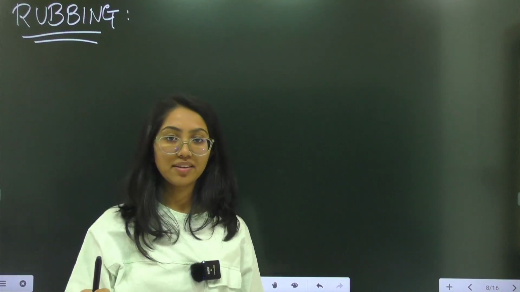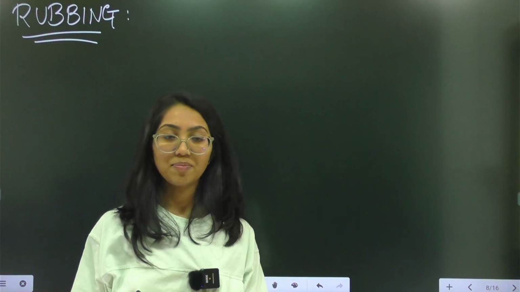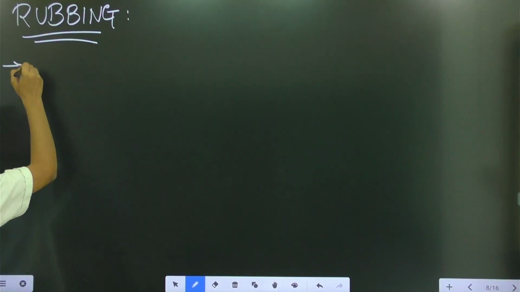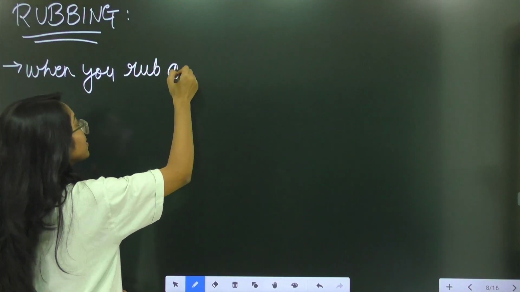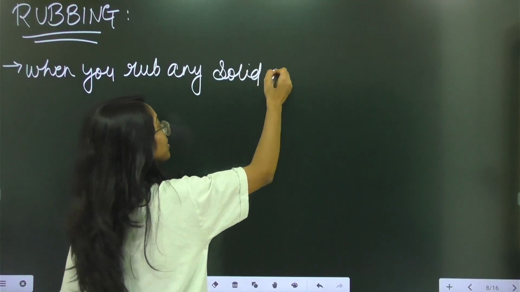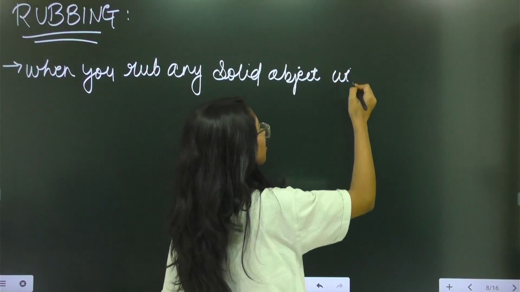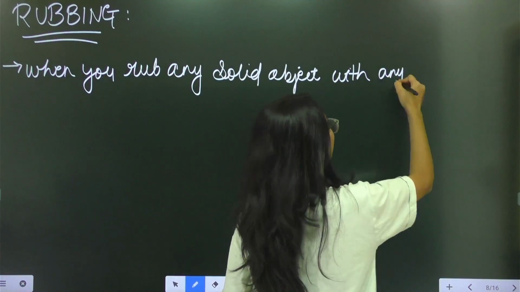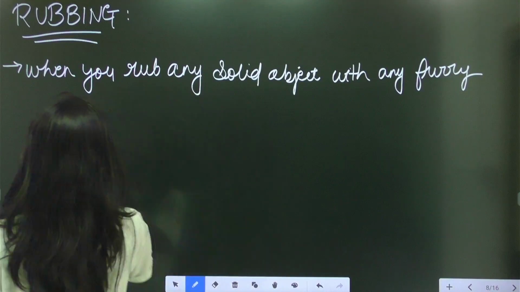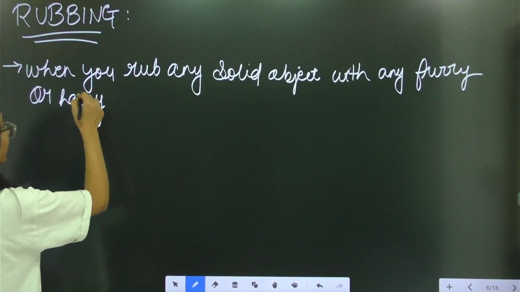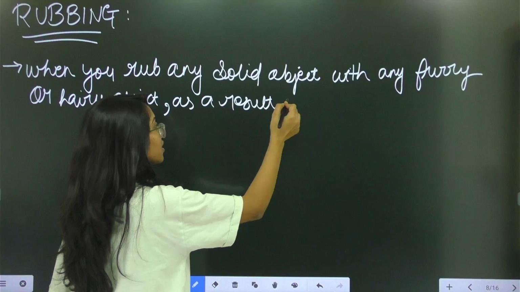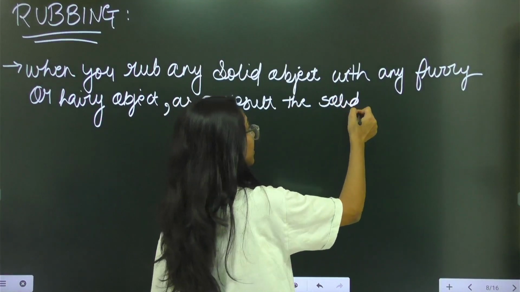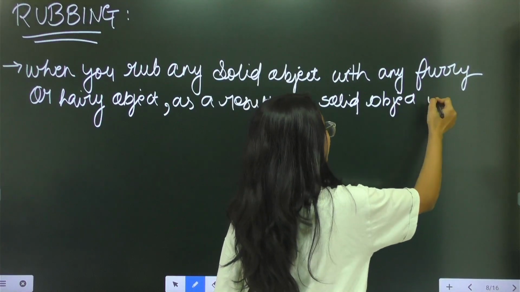First, I rubbed the pen with my hair, and as a result the pen was charged, because when you rub any solid object with any furry or hairy object, as a result the solid object is negatively charged.